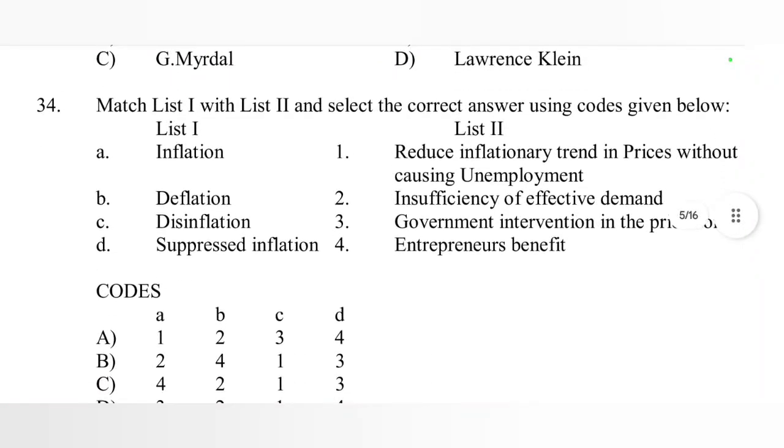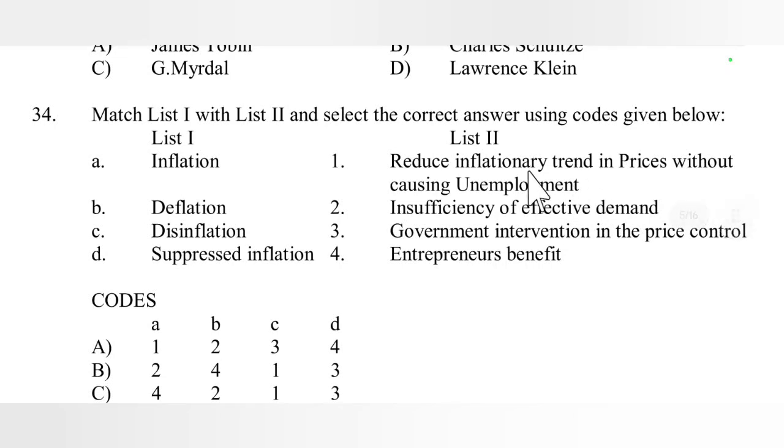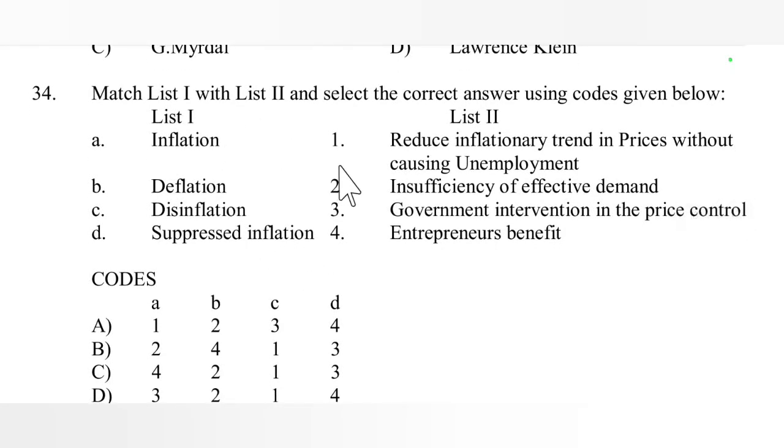Then question number 34, match list 1 and list 2: inflation, deflation, disinflation and suppressed inflation. Inflation reduces inflation trade in government intervention, no entrepreneur benefit. Yes, in inflation the entrepreneur gets benefit. Then deflation, at the time of deflation there is insufficiency of effective demand.